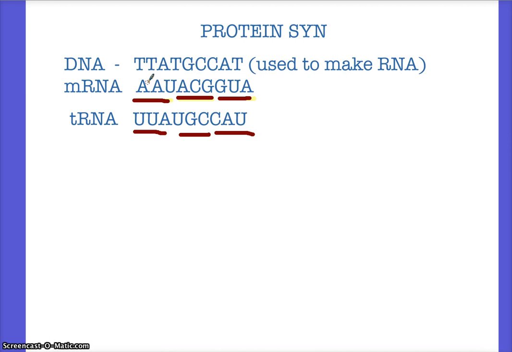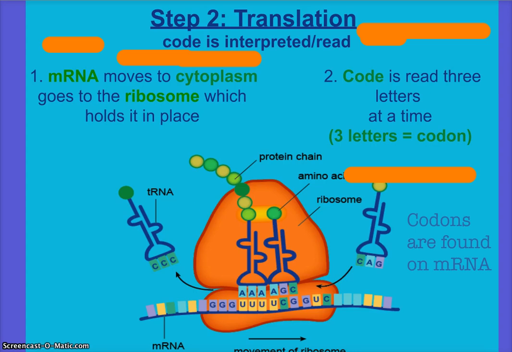Amino acids. tRNA carries amino acids, and look at this picture. Here's my tRNA, this blue thing. It carries my anticodons, and this little dot here is my amino acid. I'm going to show you an animation that shows this process happening, okay?